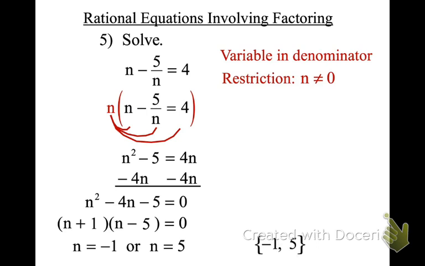So my solutions go into a solution set: n can equal -1 or n can equal 5. If you try them back in, which is easy enough with this problem, like -1 minus 5 over -1 equals 4. Doesn't that make a positive? So you can just try your number.